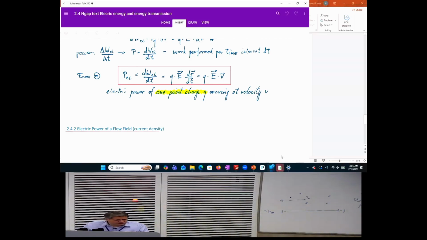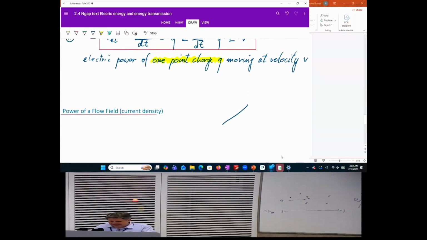Now we make use of what we have from our considerations with respect to the definition of the current density.